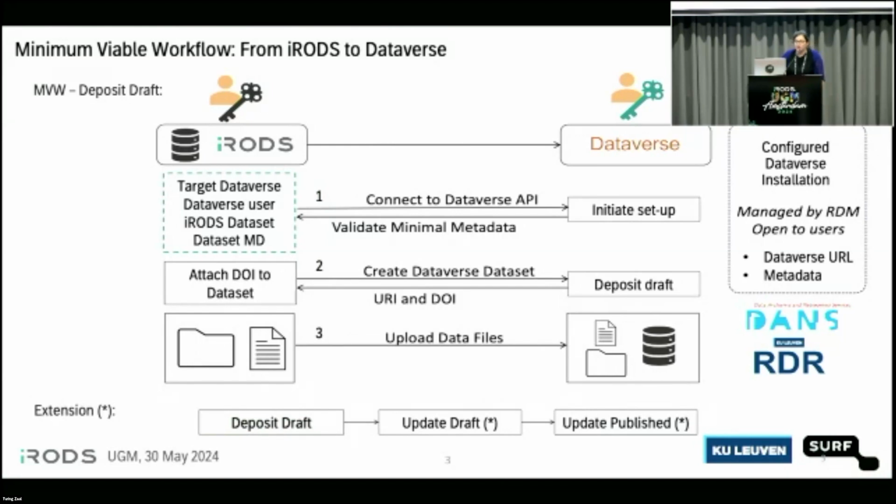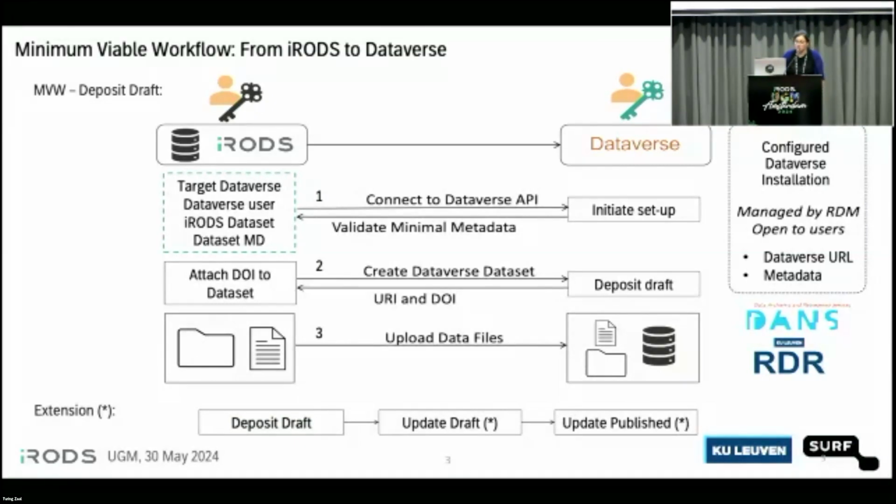So the process starts with an iRODS user who provides the target Dataverse installation, the API token through a user script in order to connect to the Dataverse API, and the path to the data objects that constitute a data set, and the Dataverse specific metadata.